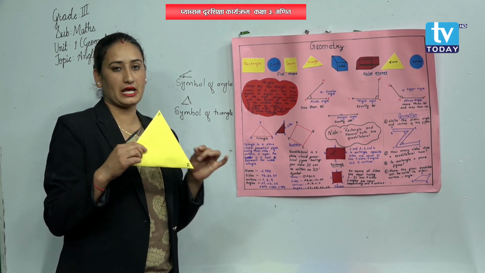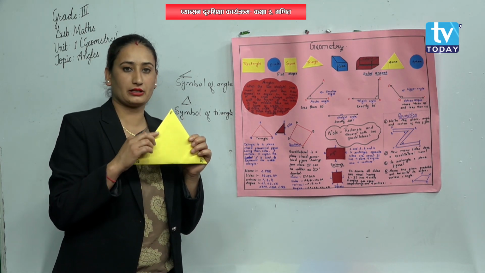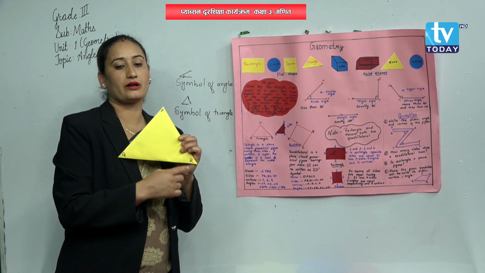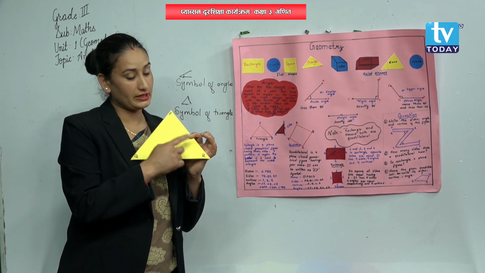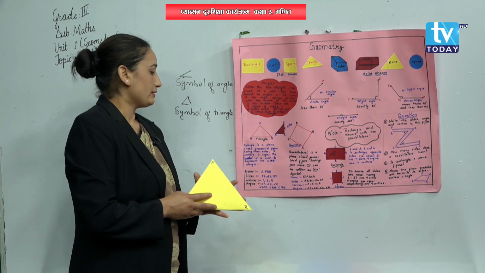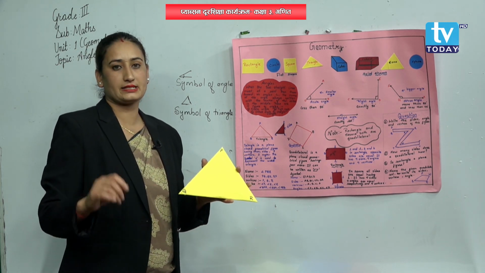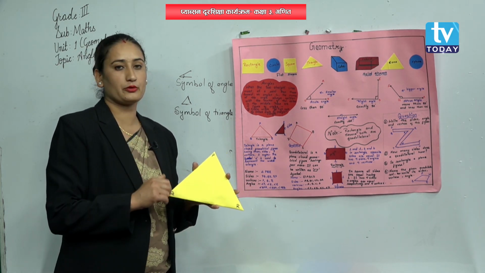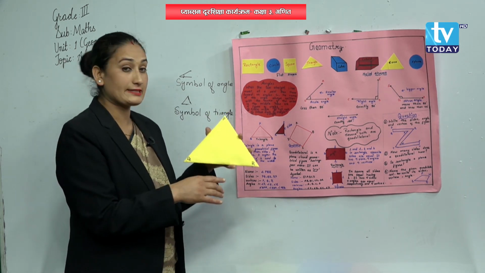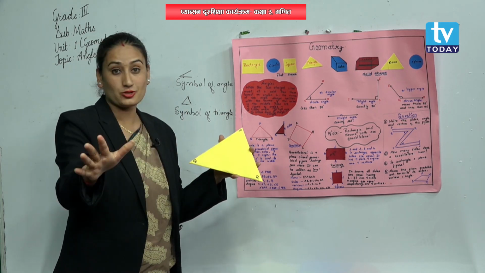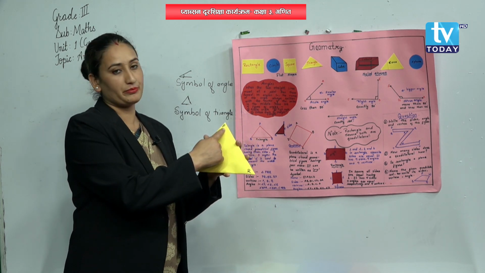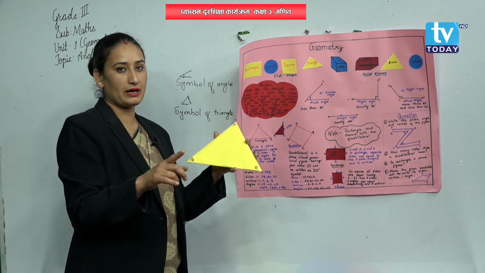Can you write the name of the figure? PQ one side, QR second side, and then PR is the third side. Done? Good job. Now you have to write the name of vertices. If single, we write vertex. If we see more vertices, then we write vertices. Now vertices, how to write? P, comma, Q, comma, and R.